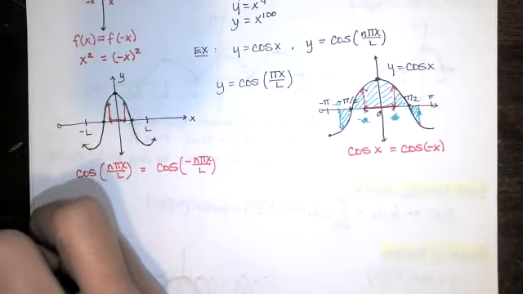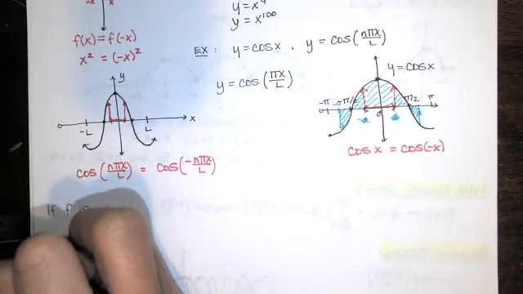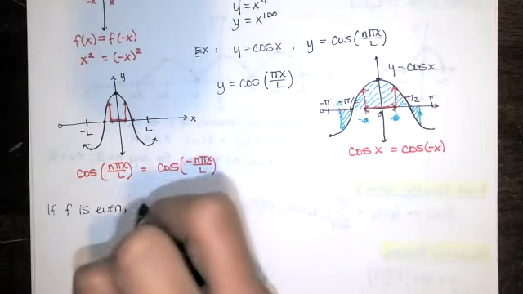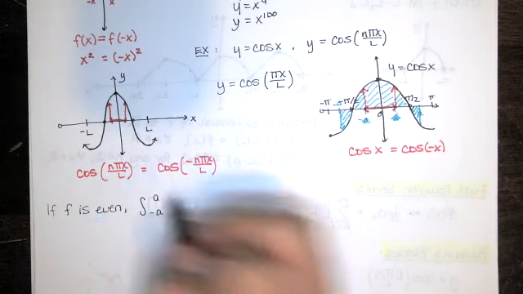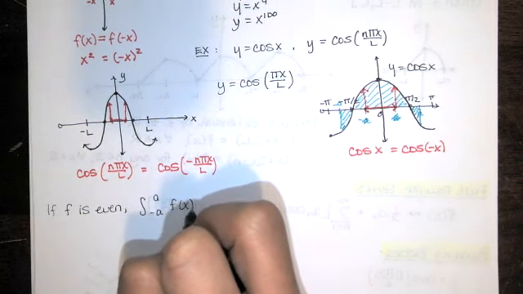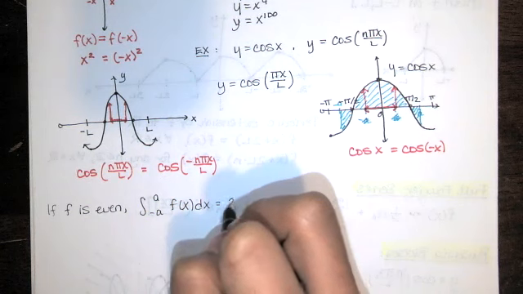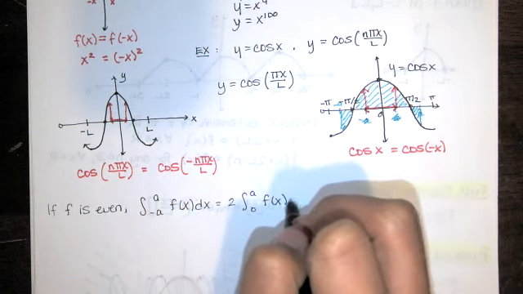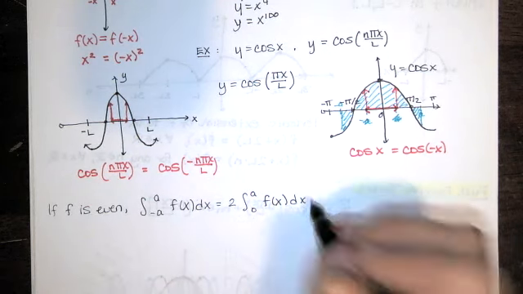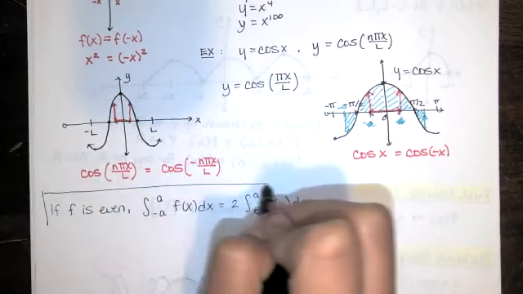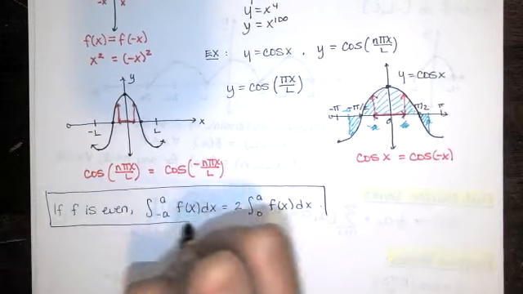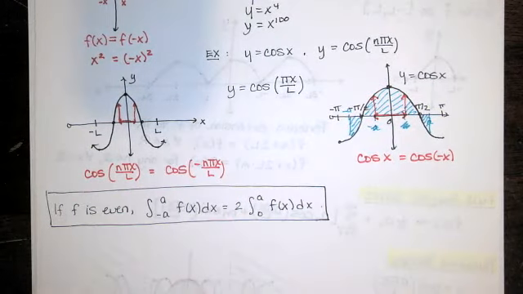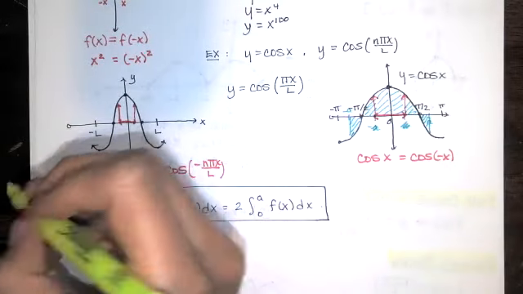If f is even, then rather than evaluating the integral from negative a to a of f of x, we can take a small shortcut. We can evaluate the integral from 0 to a and then just double it. That will be helpful for us whenever we have an even function. That's perfectly legal.